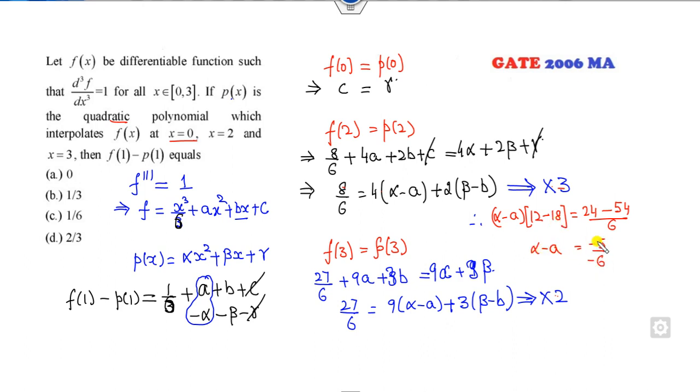So alpha minus a is 5 over 6, but it is a minus alpha, so it is minus 5 over 6. If I substitute this value here, I can get the value of beta minus b as minus 1, so it's again plus 1. So after that you can see the answer, 6 is the LCM. You can see 1 by 3 is the right answer of this problem.